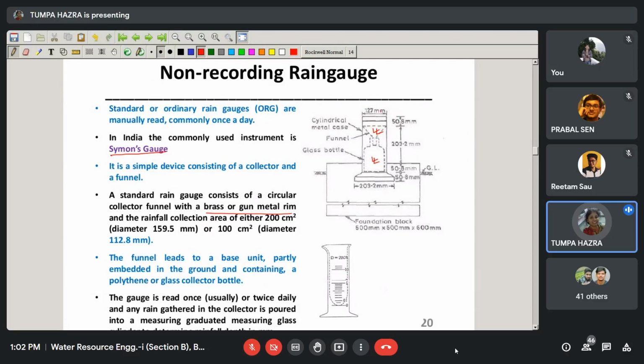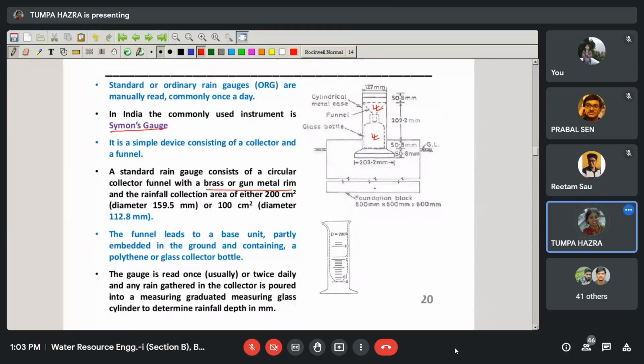of diameter 12.7 centimeter, and it is basically covered by a cylinder of height around 30.8 centimeter.